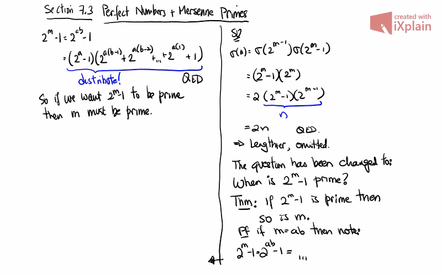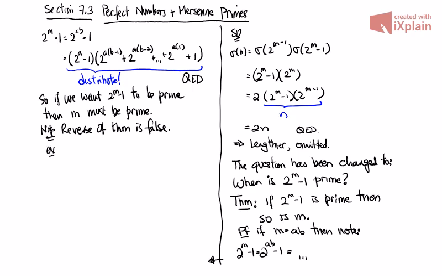Now notice that the reverse of this theorem is false. In other words, we can have m prime, but 2 to the m minus 1 not prime.